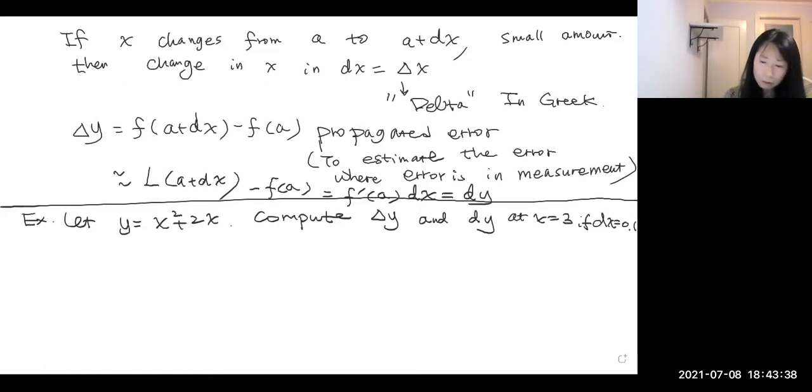Okay, so delta y, we're going to use the formula here.